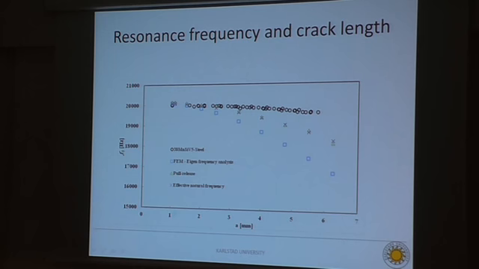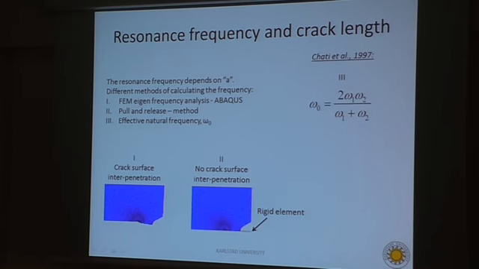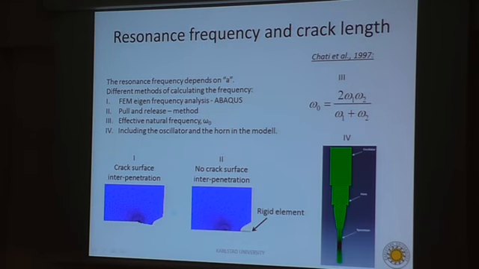So we needed to do something else. And we started to think of the idea that these frequencies are actually not the frequency of the specimen, but rather the frequencies of the whole system, including the oscillator and the horn. So in the last step, we tried to include the oscillator and the horn in the FEM model, which will look like this, where we have the specimen down here and the horn and the oscillator.